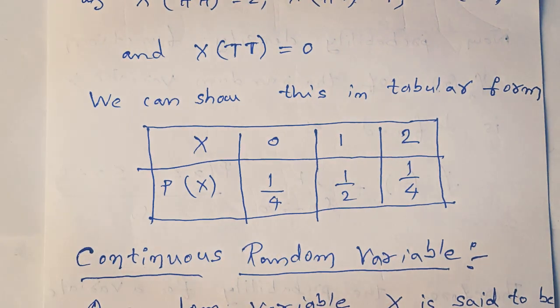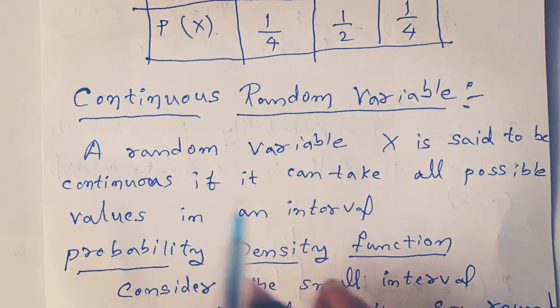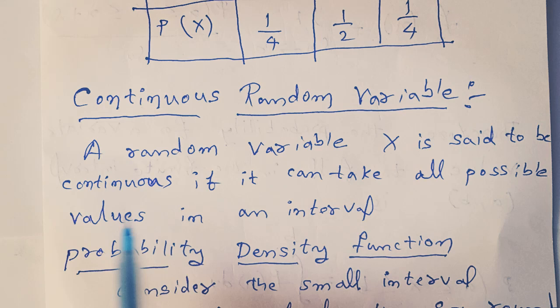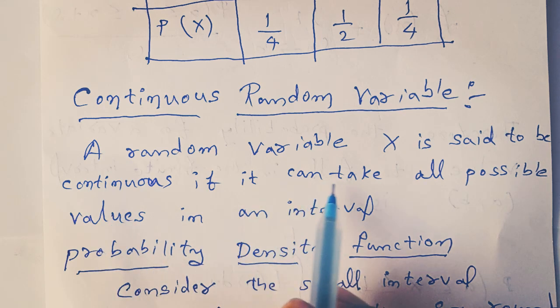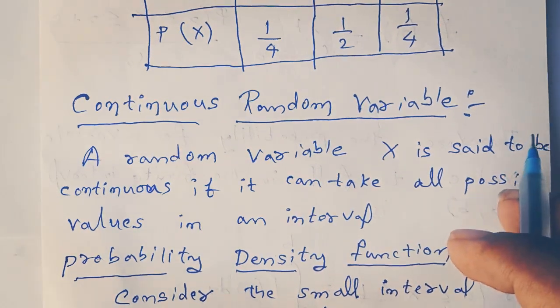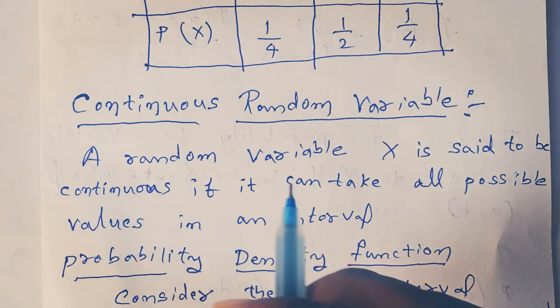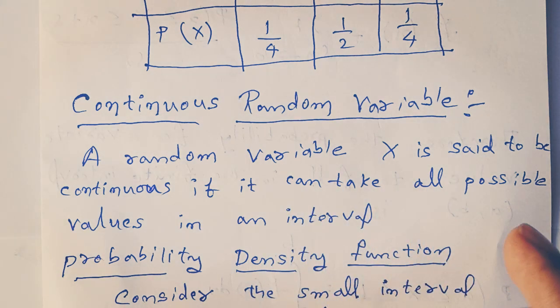But in case of continuous random variable, a random variable capital X is said to be continuous if it can take all possible values in an interval. In this case we have to choose an interval, and in that interval there are so many points.